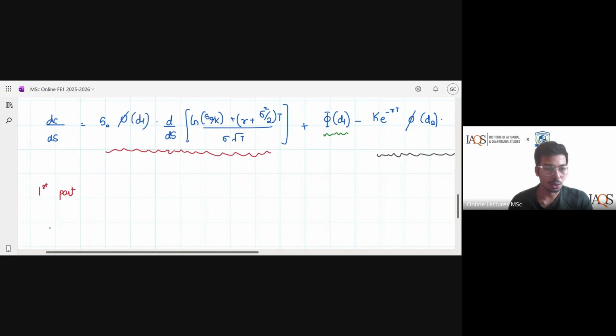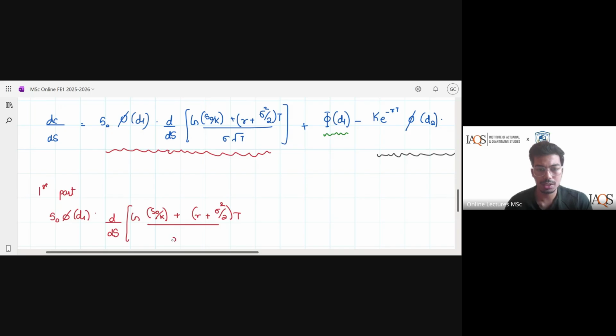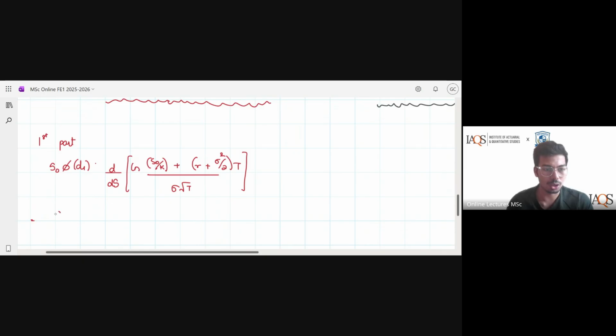Now, S0 PDF of d1 into d by ds of log of S0 by k plus r plus sigma squared by 2t divided by sigma root t. This is the equation. Let's start solving this.